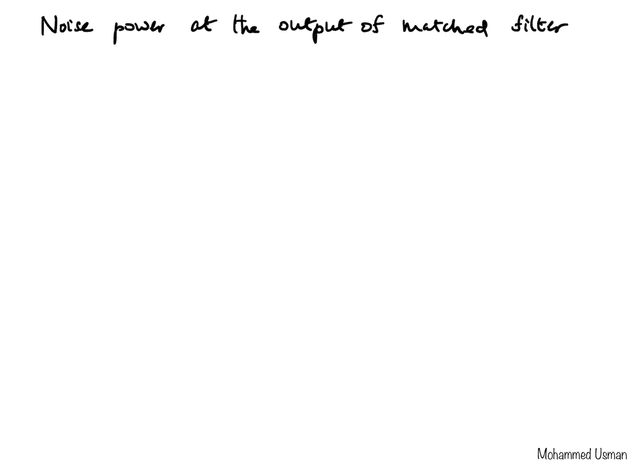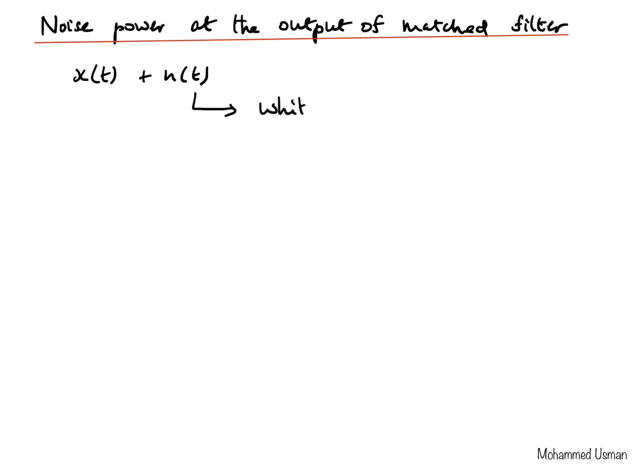So, noise power at the output of the matched filter. Suppose our x of t gets added with noise, and the noise we are talking about here is white Gaussian noise.